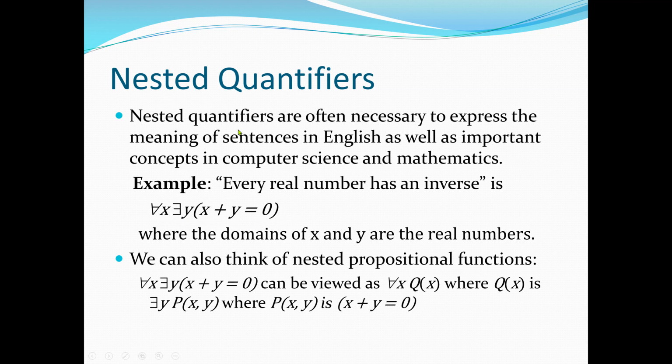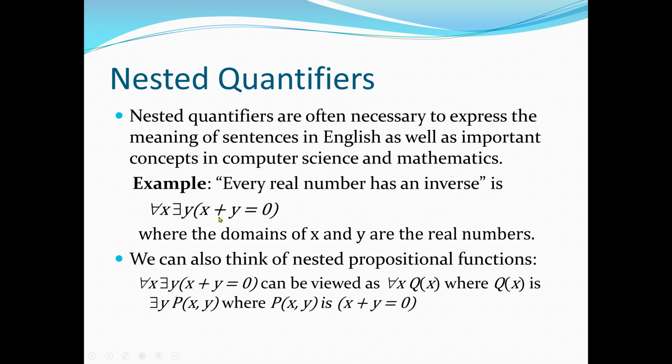Nested quantifiers are often necessary to express the meaning of sentences in English, as well as important concepts in computer science and mathematics. An example is given: every real number has an inverse. Here we are assuming x and y are our variables, and they consist of real numbers.